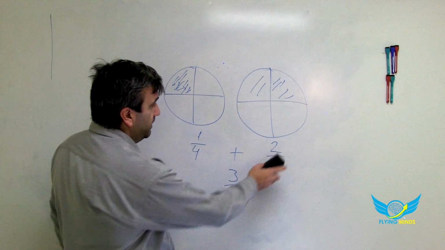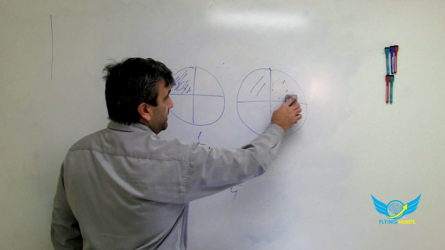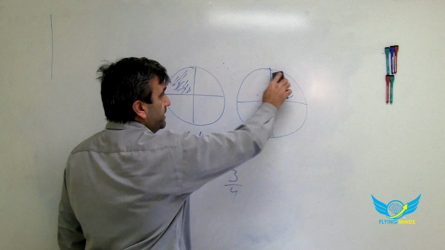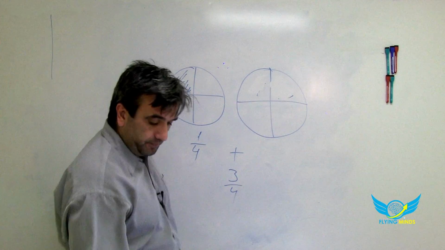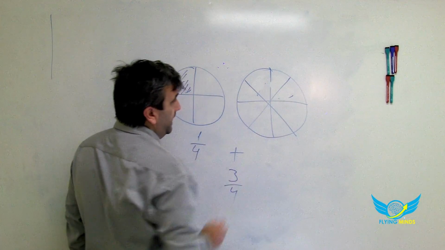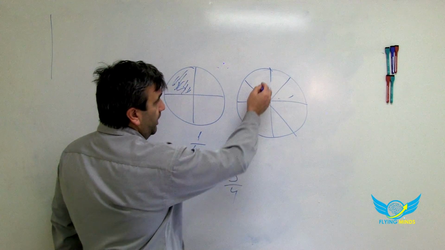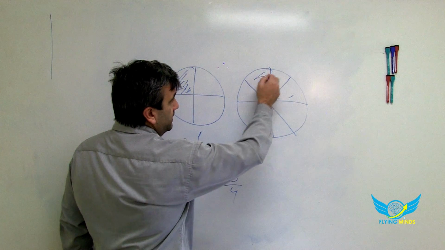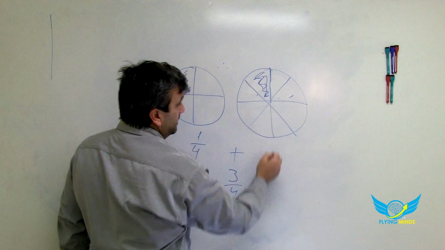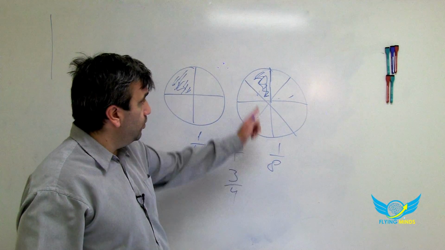So what if we divide our second pizza into 8 pieces? Now we have 8, and now we're going to take one slice.